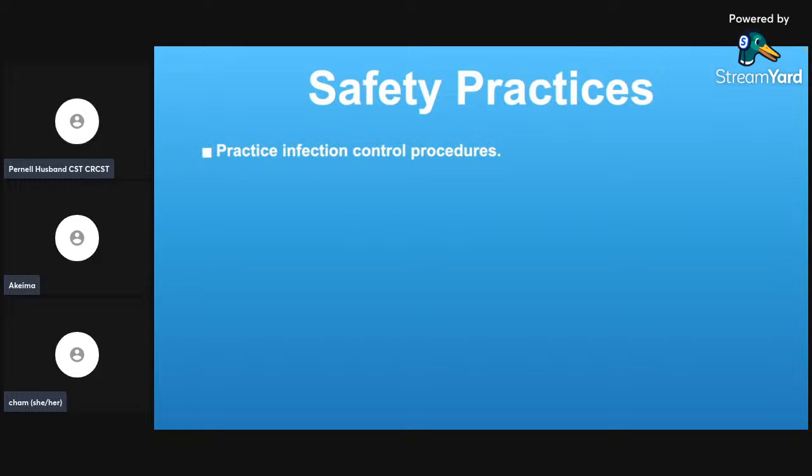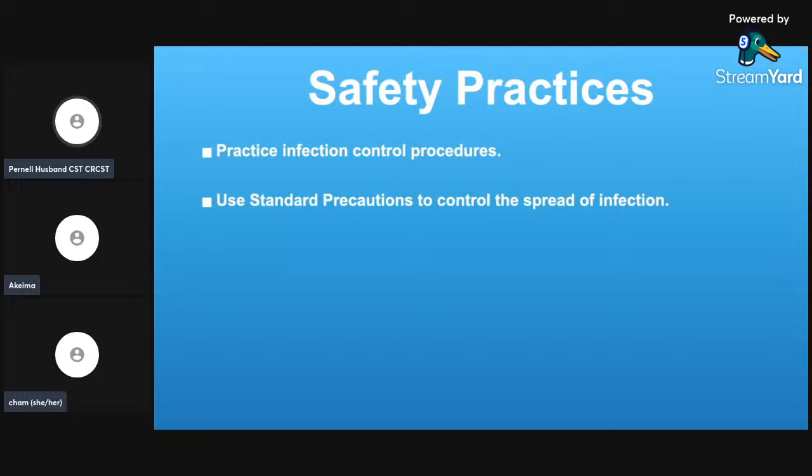Practice infection control procedures. Whenever you hear infection control, or now the new term, infection prevention, the whole idea is to minimize cross-contamination, eliminate cross-contamination, eliminate the spread of infectious diseases within the healthcare environment.